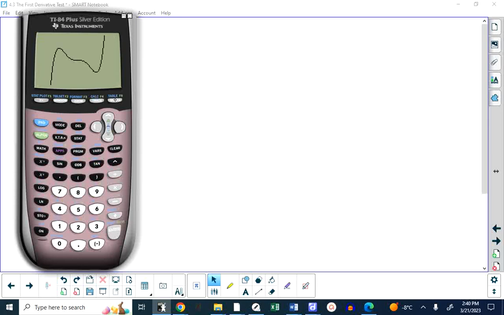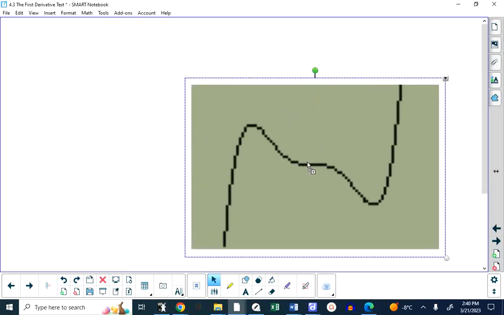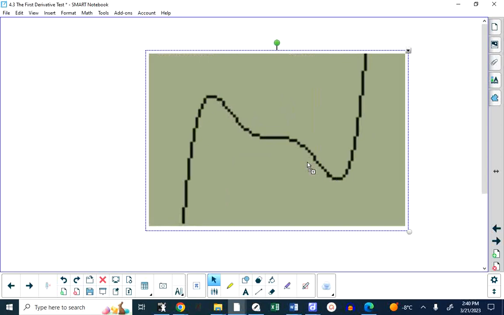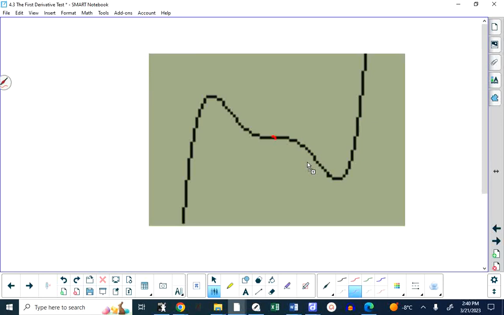And I know it looks like there's a whole region there with a slope of 0. But that's a defect in your calculator's ability to graph details. There is a point right here where the slope of the tangent is exactly 0.